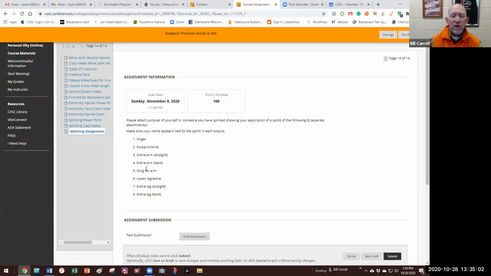A sling for an arm, which most of you saw a sling because I noticed that a lot of the triangular bandaging pictures and the cravat bandaging pictures that you sent in were actually a sling. Lower leg and ankle, entire leg straight, and entire leg bent.